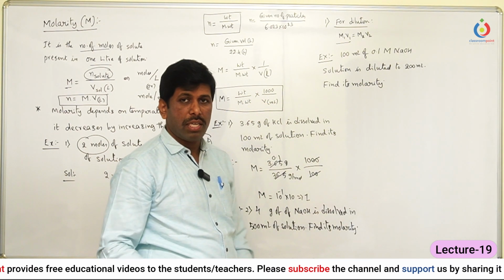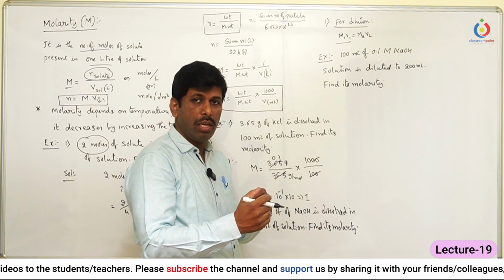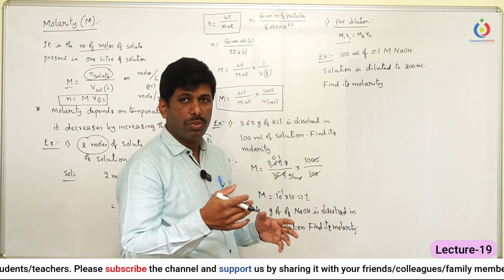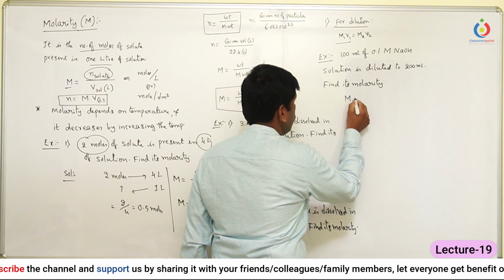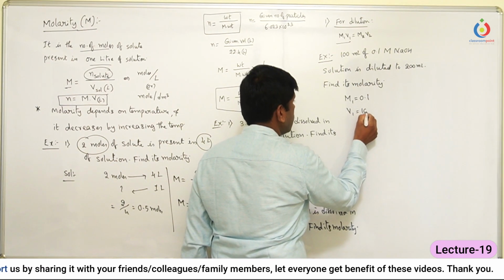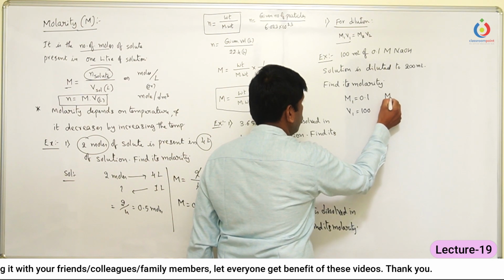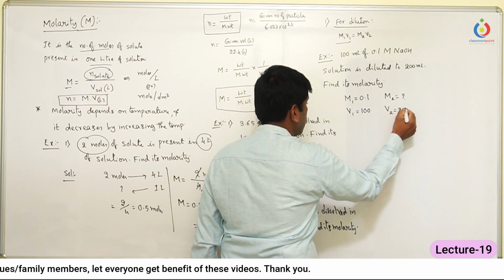So we must understand the terminology also. Here it is diluted to 200 ml, which means the final volume of the solution is only 200 ml. So M1 is given as 0.1 and V1 is given as 100 ml. M2 is to be calculated and V2 is given as 200 ml.